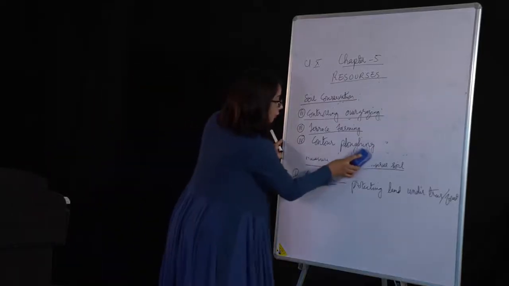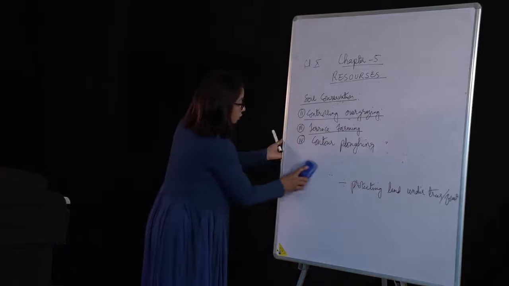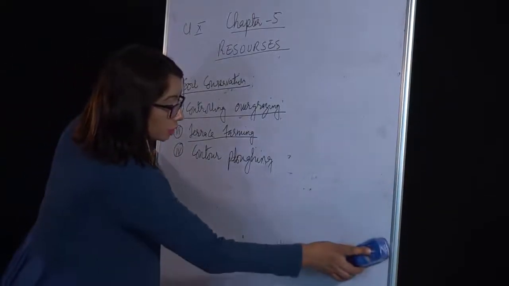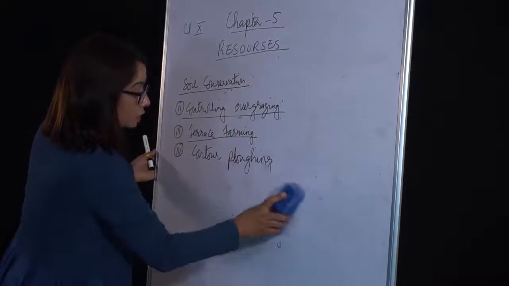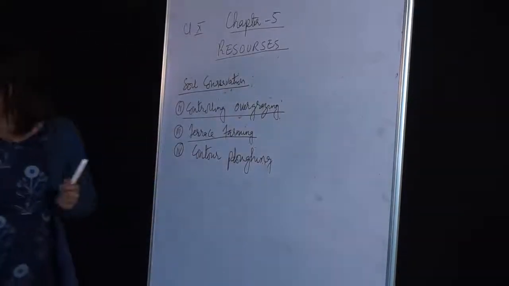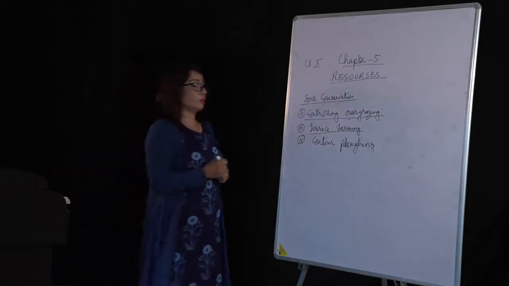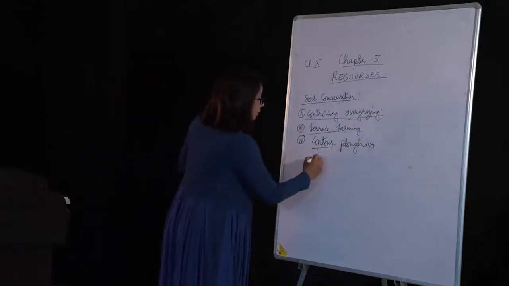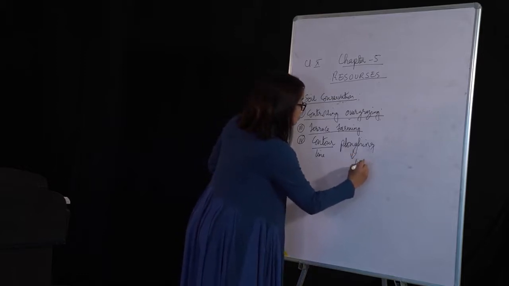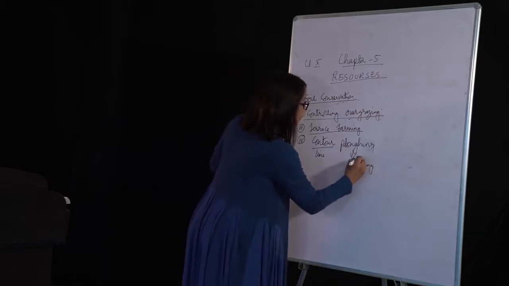Please listen here carefully, because many students get confused with this term, and the way it is written in the textbook, you find it difficult to understand. Contour plowing. Contour means line, okay? And plowing means tilling, tilling or digging the soil.